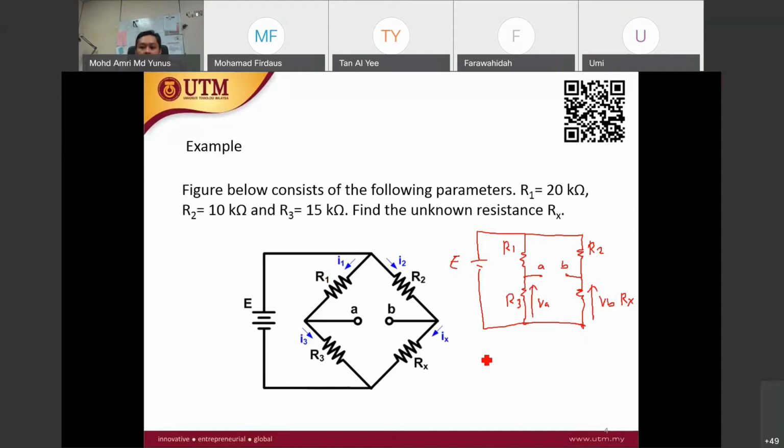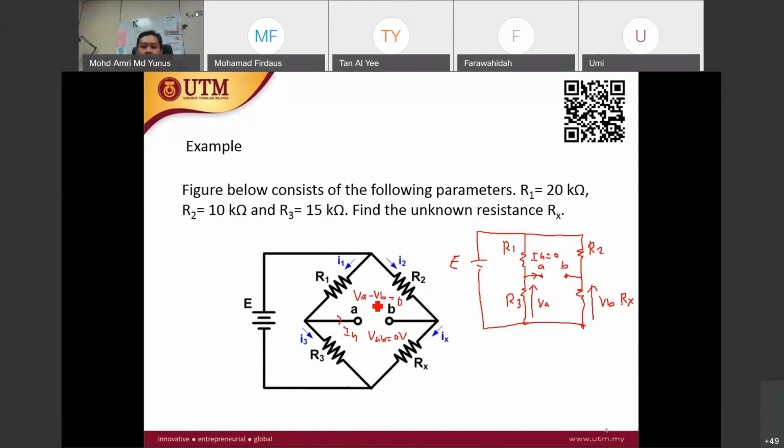So we know that when this Wheatstone bridge is at balance, let's say this is IG, IG is equivalent to 0, or in other words, VA minus VB is equivalent to 0, or VAB is 0 volt.